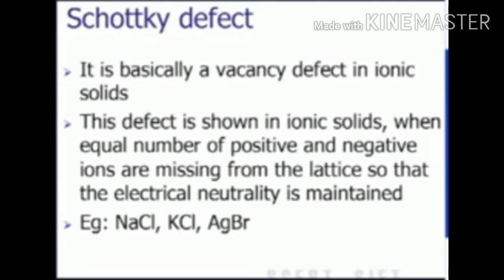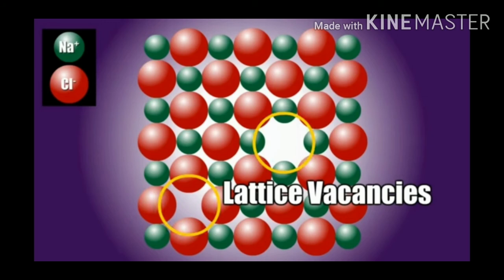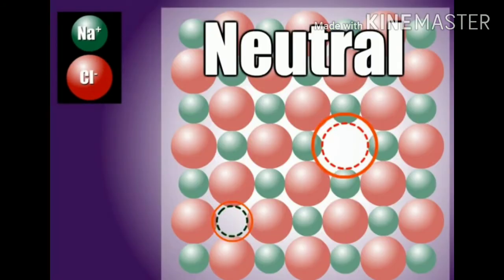These are generally shown by ionic solids. In these defects, an equal number of cations or positive ions and anions or negative ions are missing from the crystal lattice. So, this decreases the density of the solid, but the electrical neutrality is maintained.